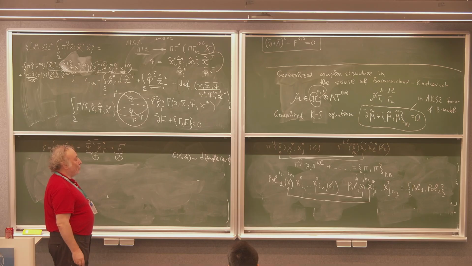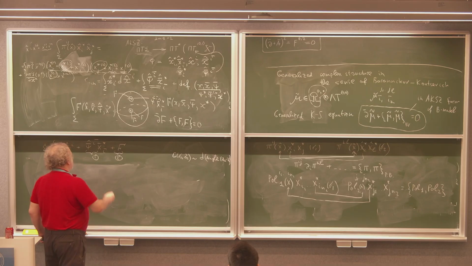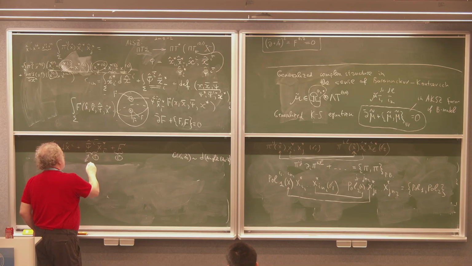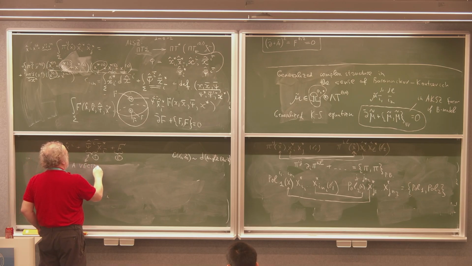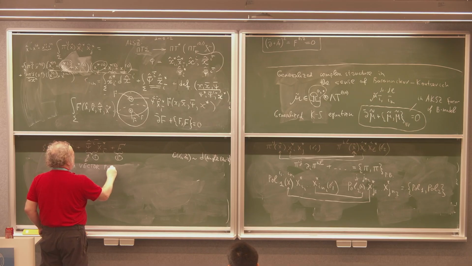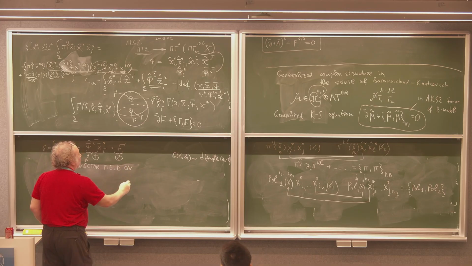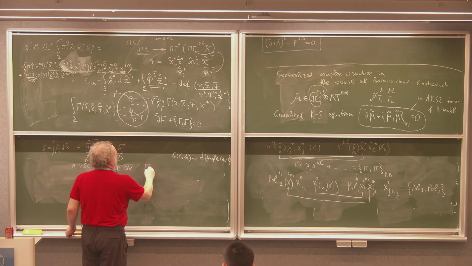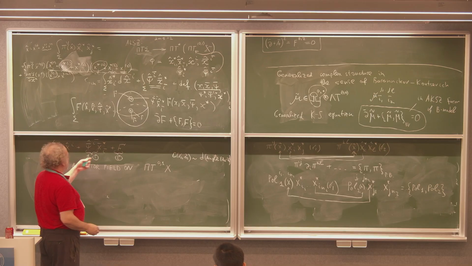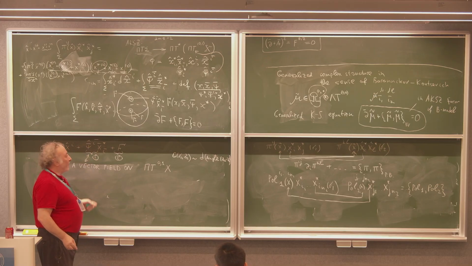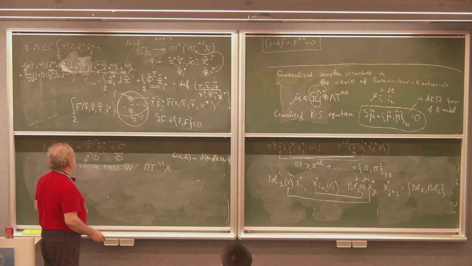What is important to note here is that this is actually a vector field on this space, because it takes X and makes X bar and makes psi bar out of it.